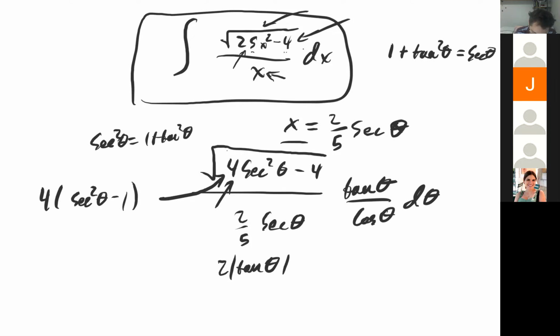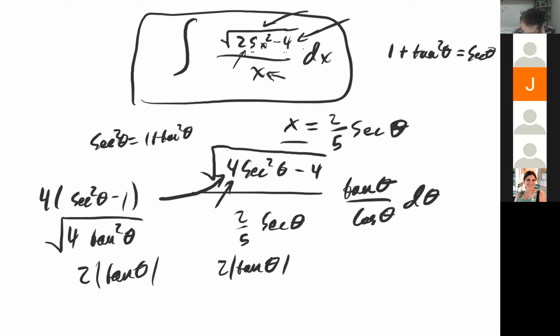So then you end up with 4 tan squared theta, and then you take a root and you end up with 2 absolute value tan theta. And then you have another tan theta over here. And then you had a secant theta in the denominator, but secant theta times cosine theta is equal to 1. So then you're just left with 2/5 in the denominator.